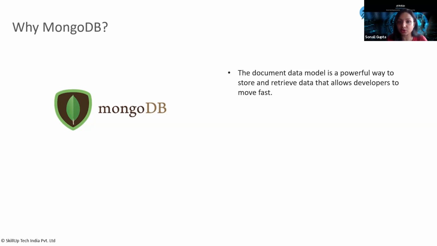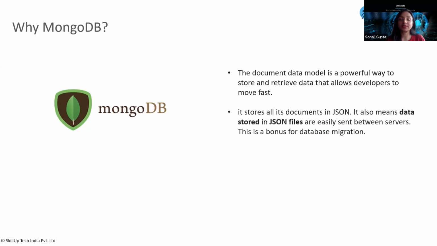Okay, now second is that MongoDB stores all its documents in the form of JSON files. It also means that the data stored in the JSON files is easily sent between servers.